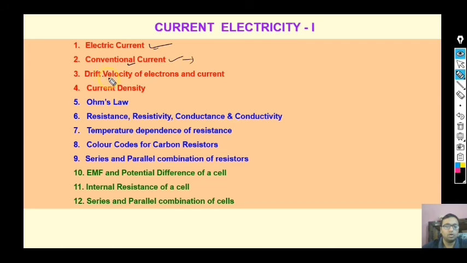Then we got to know what is drift velocity, that our electron flows opposite to the electric field with some certain velocity, which is called drift velocity. We got to know the relation between drift velocity, this vd, and current, that is n e A vd, where n was electron density.